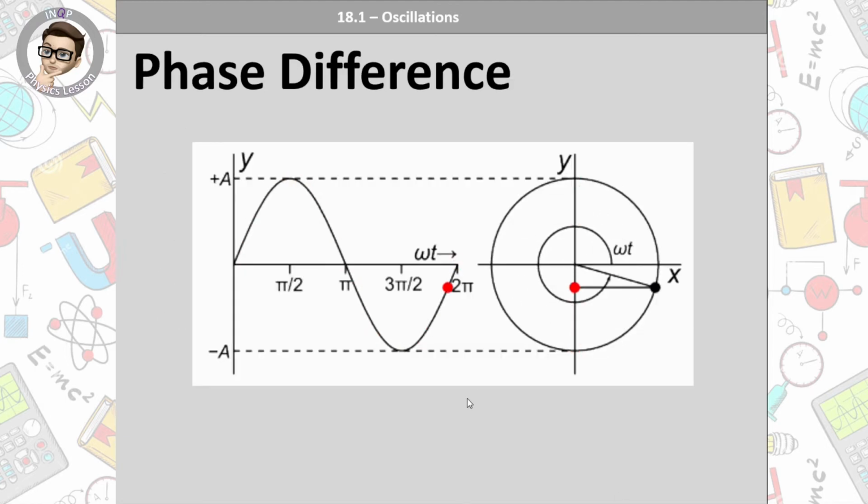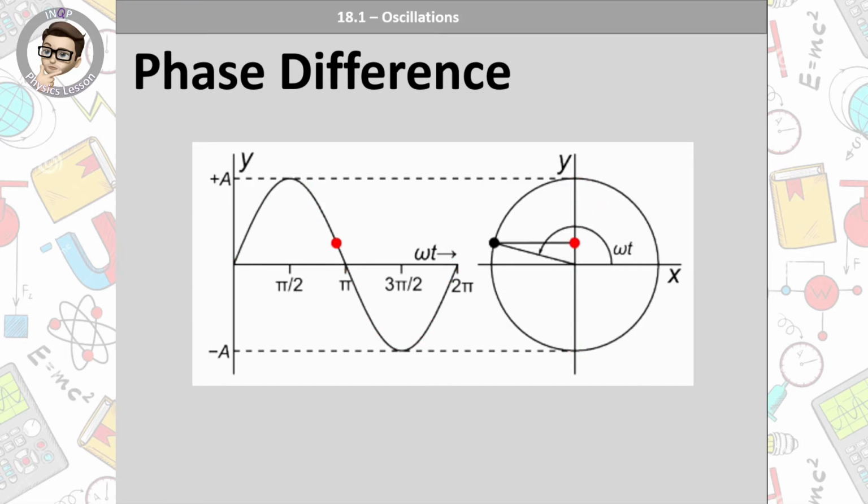So let's just now talk a little bit about phase difference. Here we've got an example of how we can relate simple harmonic motion on the left to circular motion on the right. Now that red dot, I know it's moving very, very quickly, but that red dot, as it moves upwards and downwards on the simple harmonic motion graph, is moving upwards and downwards on the y-axis relative to the circle, which is your amplitude, your peak points, positive and negative.